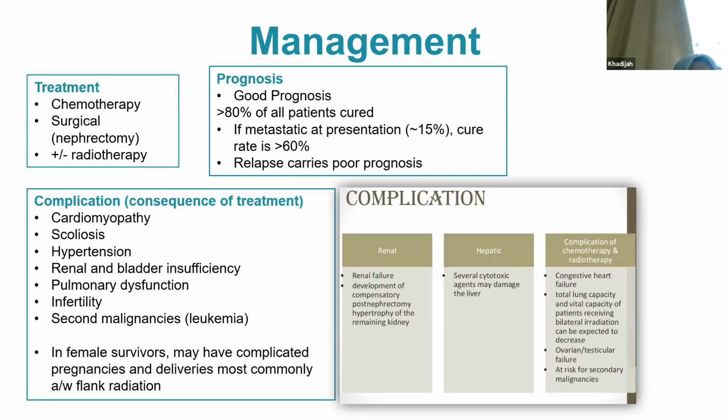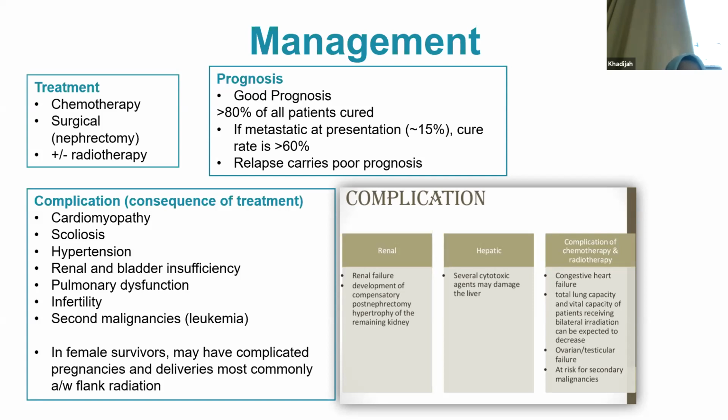And for prognosis, basically, Wilms tumor has a good prognosis, with more than 80% of children being cured. However, if there is metastasis at the onset, during presentation, the cure rate might be more than 60%. And if the condition relapses, it might carry a poor prognosis.